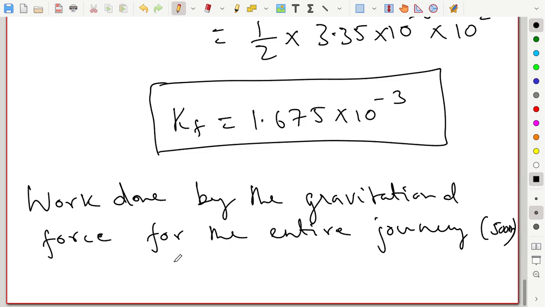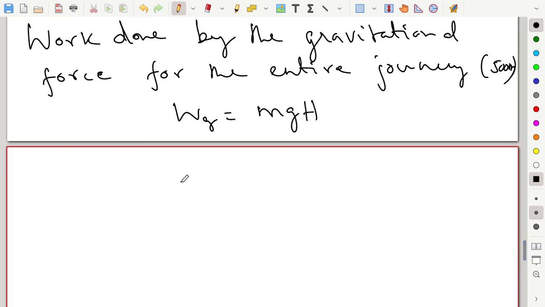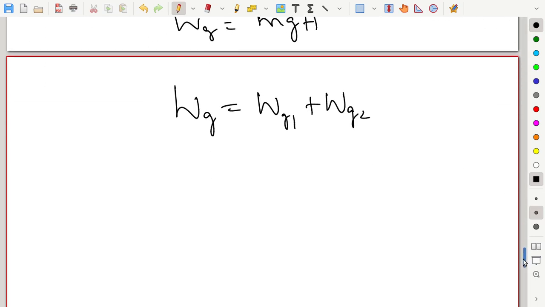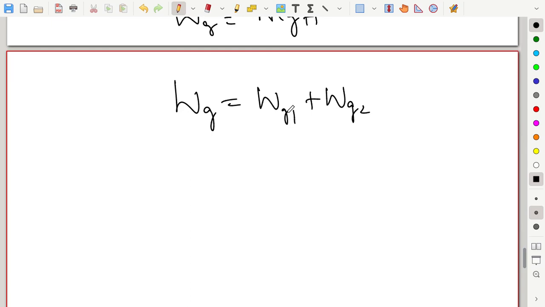Either you can calculate Wg from this equation, or you can calculate from the previous values we have already worked out. Wg equal to Wg1 plus Wg2. This is the total work done by the entire drop for the entire journey.